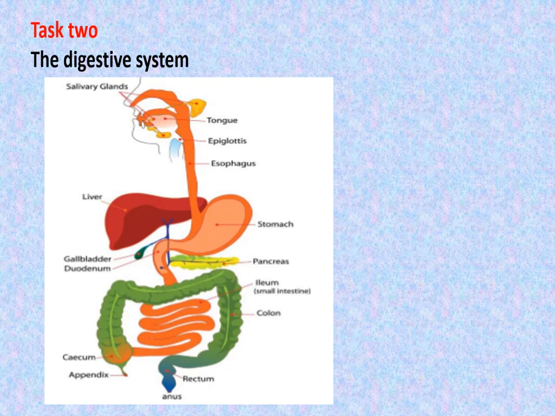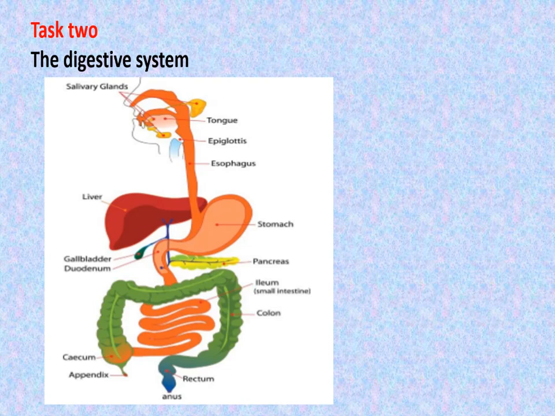We have the salivary glands, the tongue, epiglottis, esophagus, the liver, stomach, pancreas, gallbladder, duodenum, all those things. You remember how you did them in science. I hope people know the different uses of these parts.